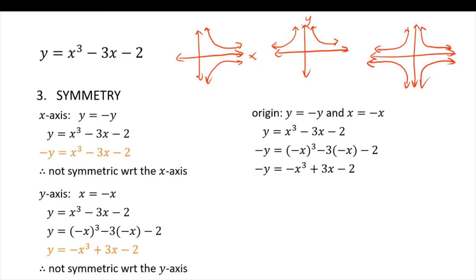Let's multiply both sides by negative 1 and see if it will result in the original equation. So we have y equal to x cubed minus 3x plus 2. It's still different, therefore it's not symmetric with respect to the origin. In conclusion, we don't have symmetry for this particular function.